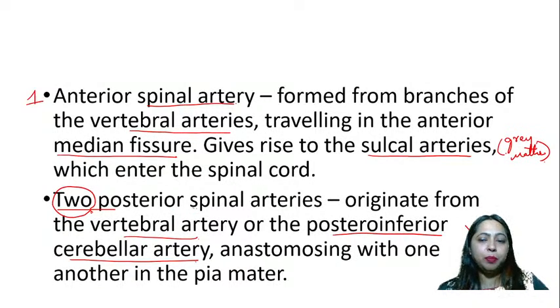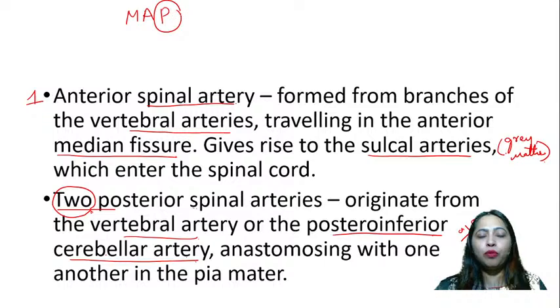This is a very important point to note down. If it is not arising from the vertebral artery, from where does it arise? It arises from the posterior inferior cerebellar artery, which is also a branch of the vertebral artery. So remember MAP, the P was posterior inferior cerebellar artery.